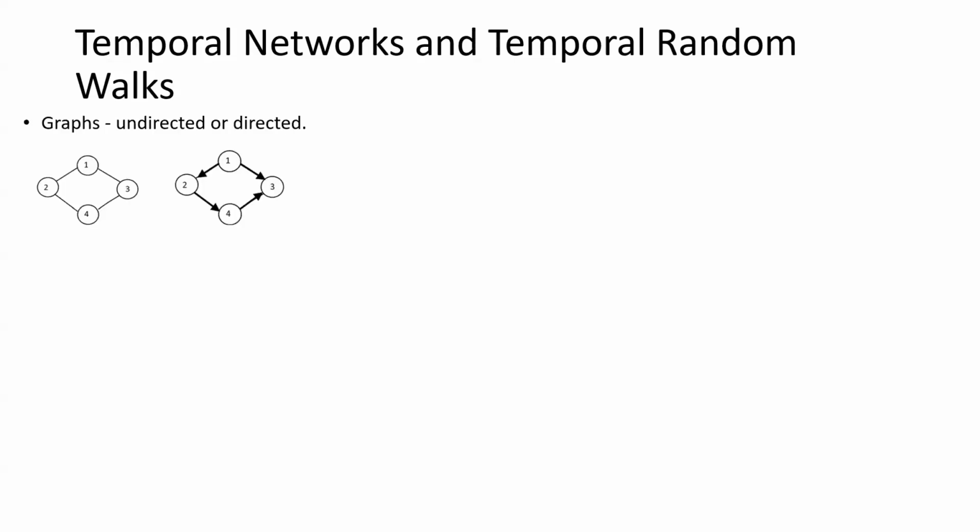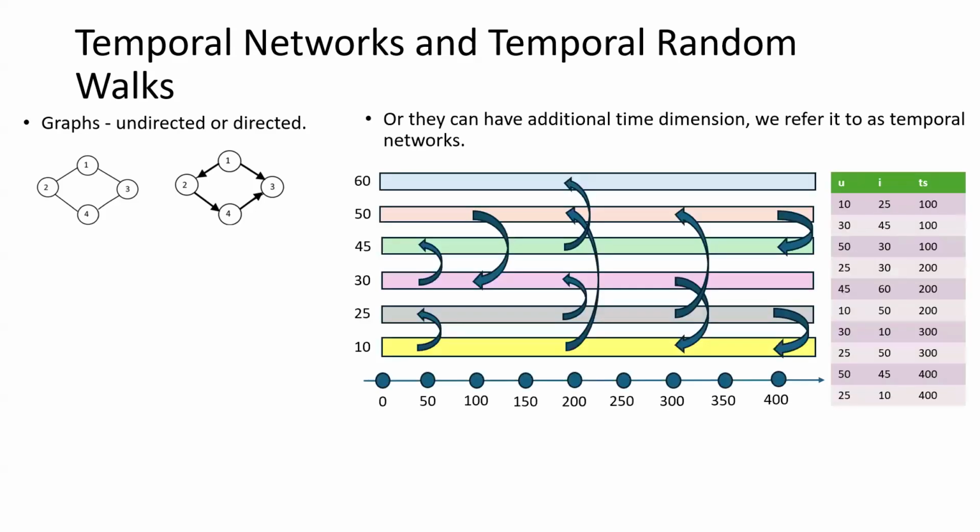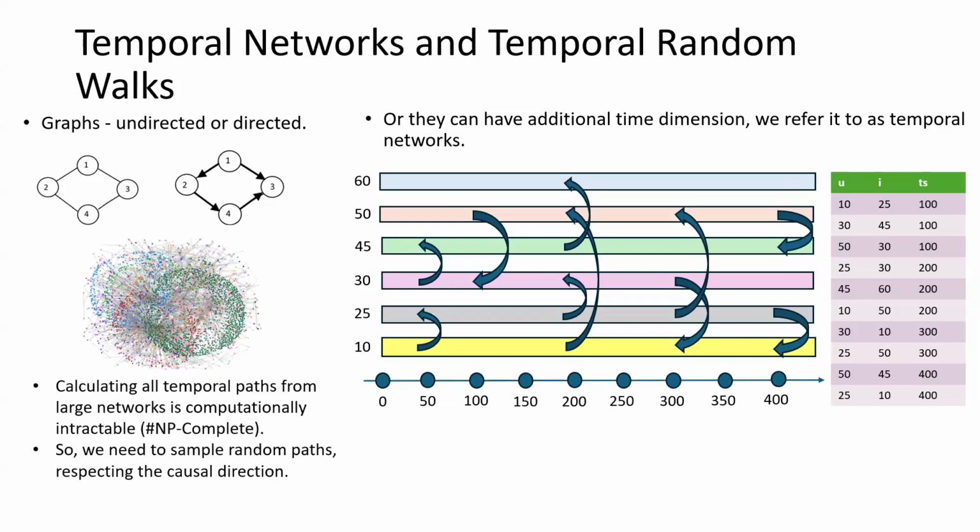So what are temporal networks and temporal random walks? We are all familiar with graphs that can be directed or undirected. When we add time as a dimension, it becomes a temporal network. They can best be represented as contact sequences, where the x-axis is time and the y-axis is the nodes.